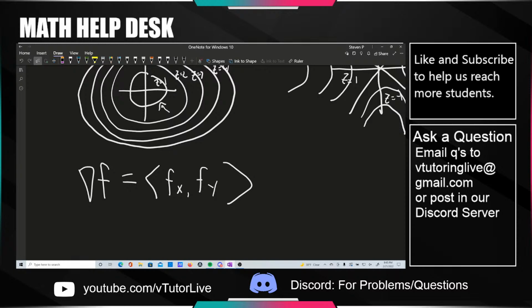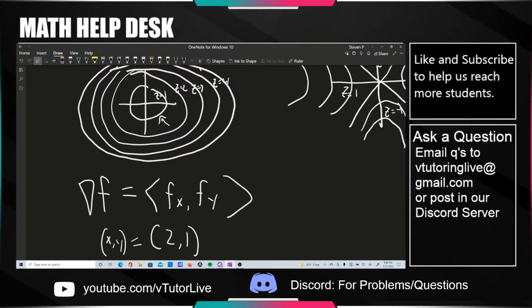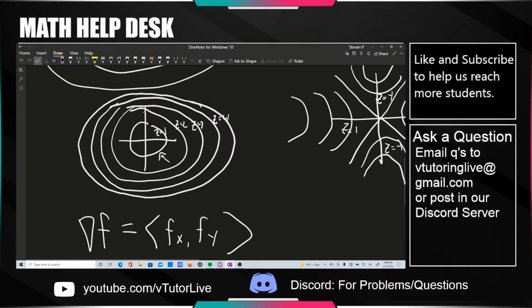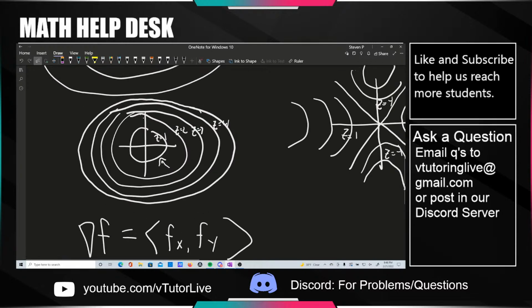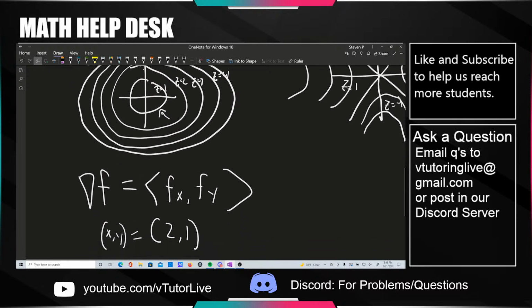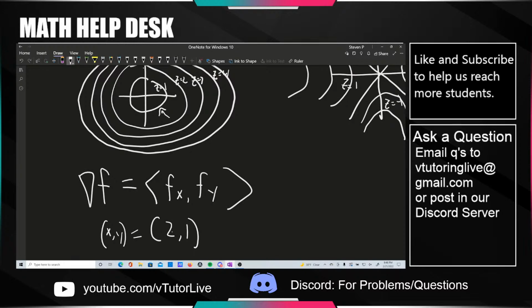But yeah, you take the partials with respect to x and y, and then you evaluate it at the point (2, 1). Right, so plug in x, y equal to 2, 1. I won't calculate it for you, but just looking at the behavior, (2, 1) is going to be on a circle with radius, what is this, root 5?